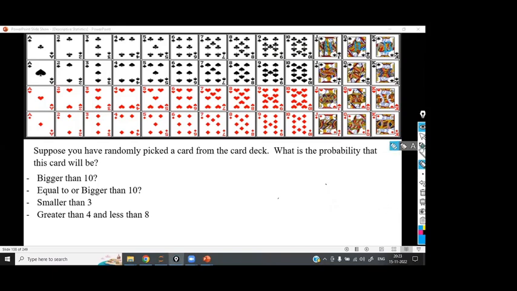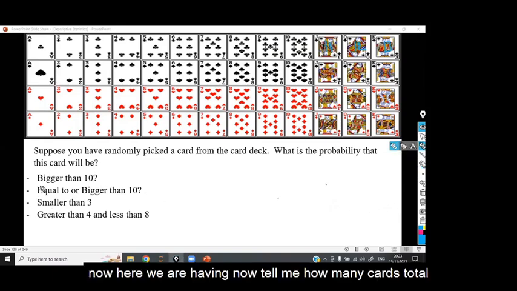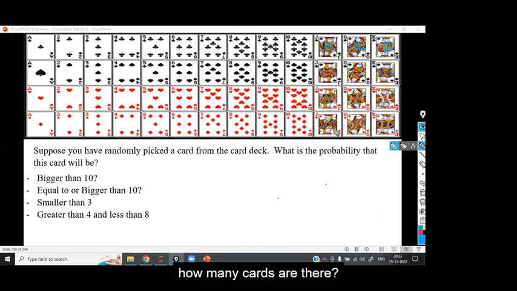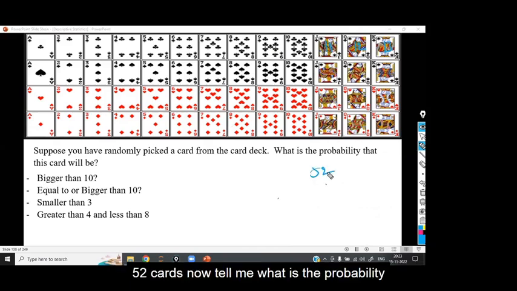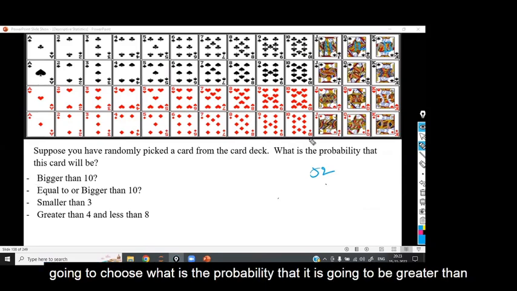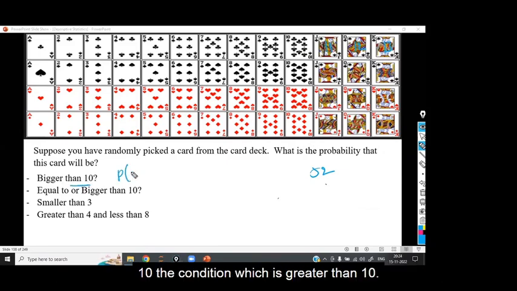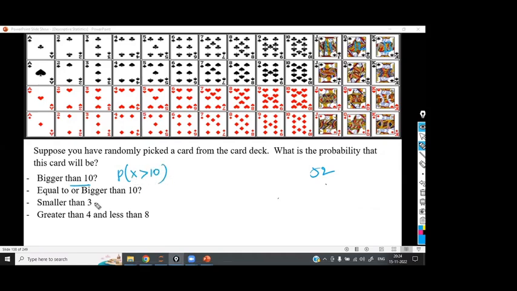Now tell me, how many cards are there in total? 52 cards. Now tell me what is the probability that I select one card randomly out of these 52, and it is going to be greater than 10? The condition is greater than 10.